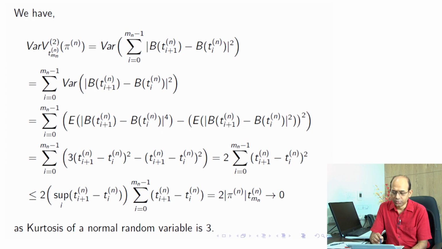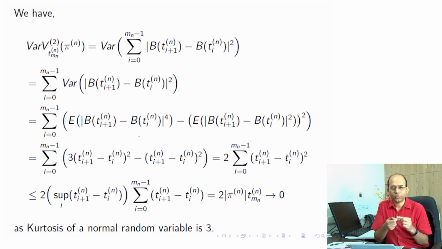Now we need to evaluate this term. So what is this expression? This is the increment of the Brownian motion, which is a normal random variable with mean 0 and variance t_{i+1} minus t_i, the time difference.